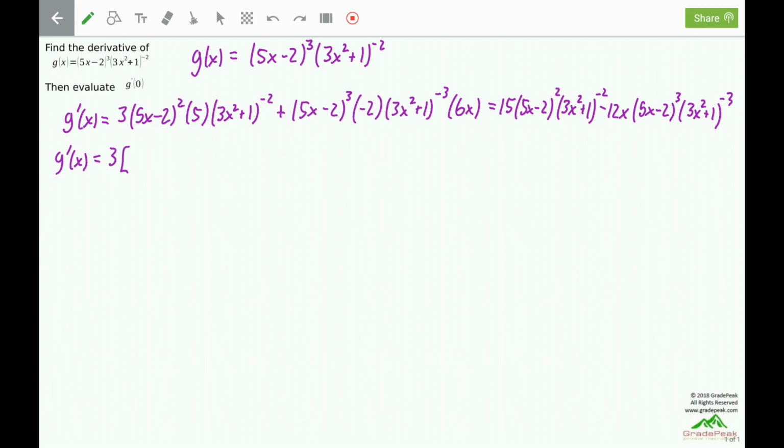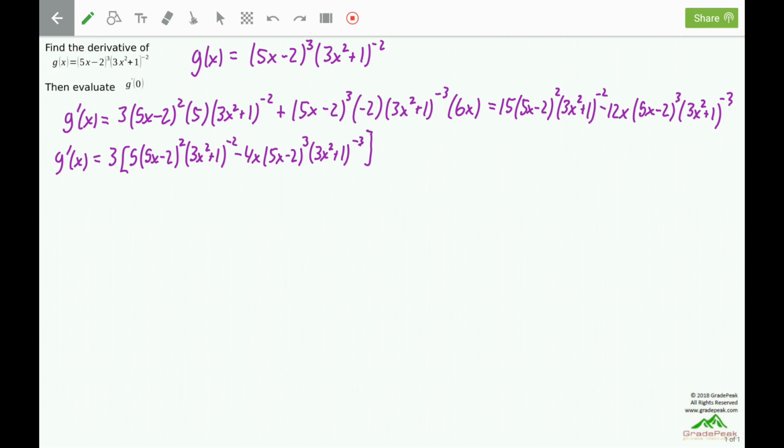So we can factor out a 3, which will leave behind a 5, and a (5x minus 2) squared, and a (3x squared plus 1) to the negative 2. Remember, we factor out a 3, so I'll leave a negative 4x. (5x minus 2) cubed, and then (3x squared plus 1) to the negative 3. I just rewrote everything else as is.